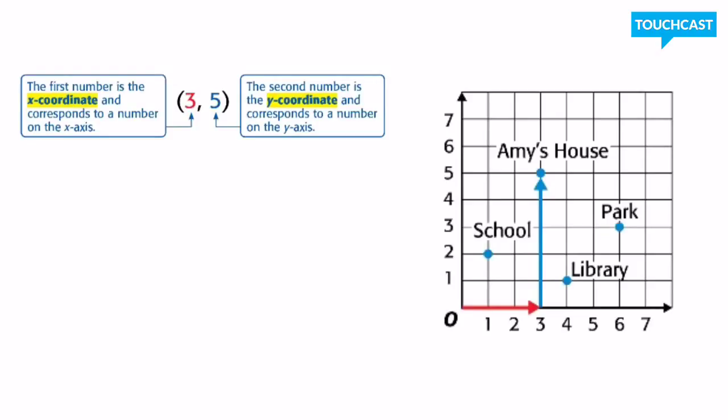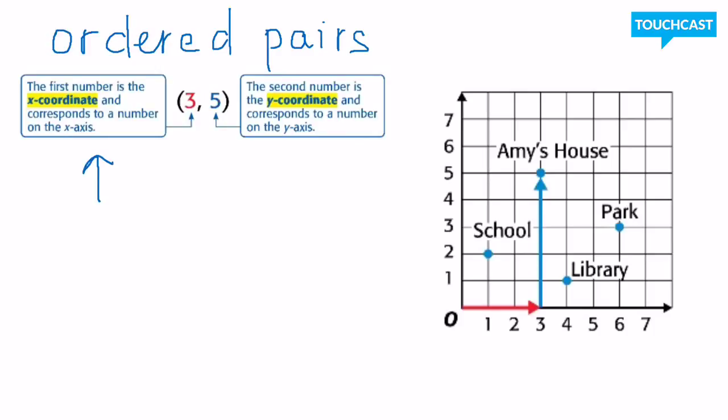So today we're going to start talking about ordered pairs. If you think about those words together, there are two numbers that are ordered together that help us identify certain points on the coordinate grid. The reason we call them ordered pairs is because the x-coordinate always comes first in an ordered pair, and then the y-coordinate comes second.